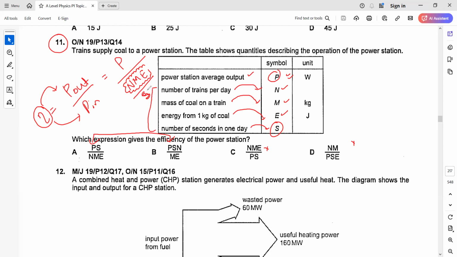So that's S. So this becomes numerator. So that's what is written P divided by NME over S. So that instead can be written as P times S over NME. So PS, that's A. So do you guys get this?